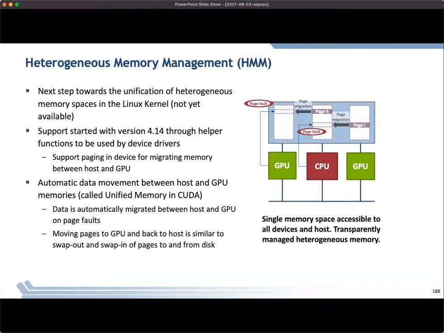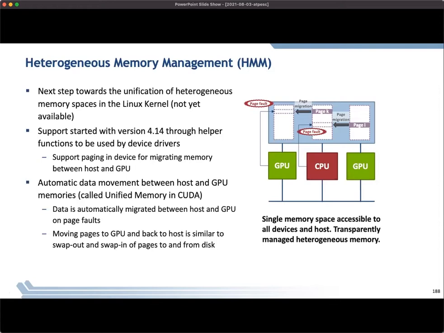Okay, and there are also other ways to provide a simply used abstraction for supporting data movement between the CPU and GPU. One of the examples is heterogeneous memory management, proposed and available in the Linux kernel.